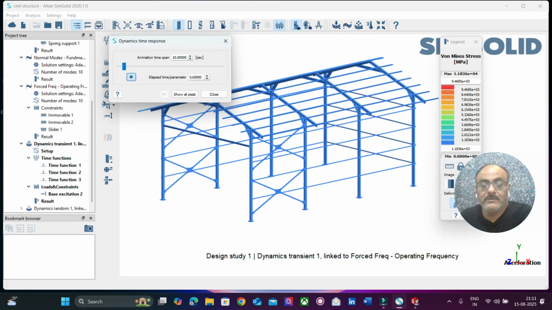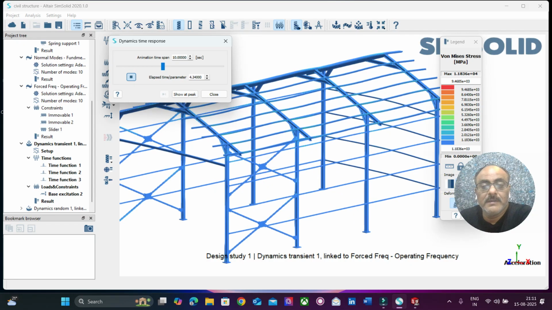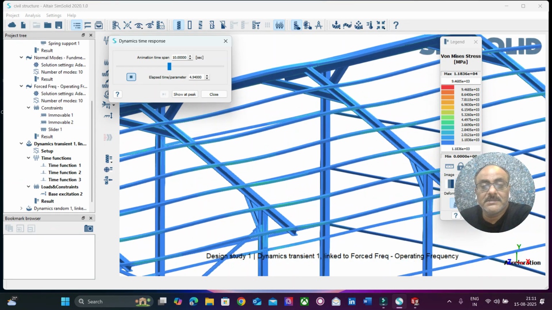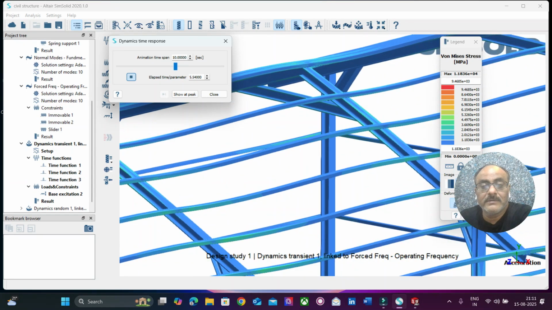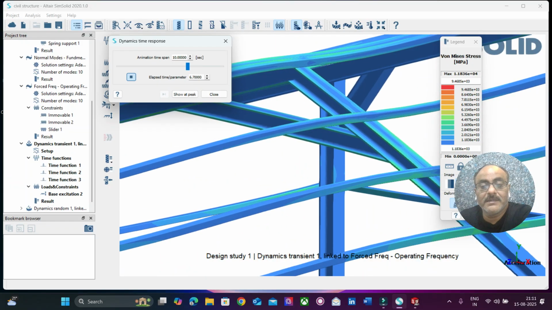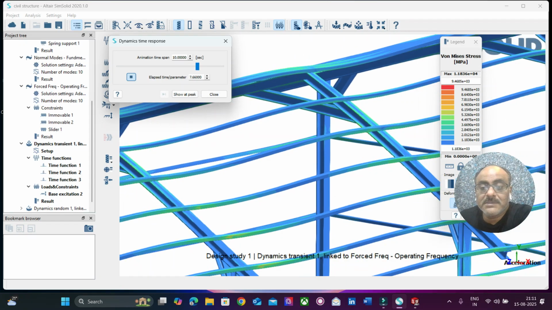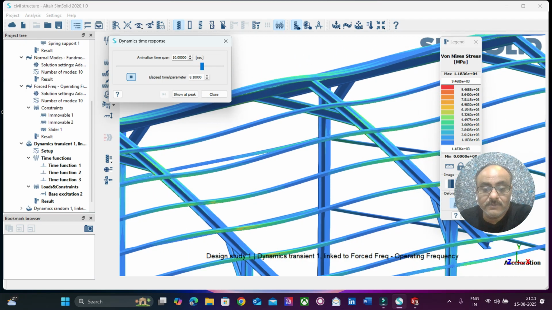So this is how the structure is going to respond. These are the regions where the stresses are going to affect. So you can find how the structure is going to bend. The tools are bending here.